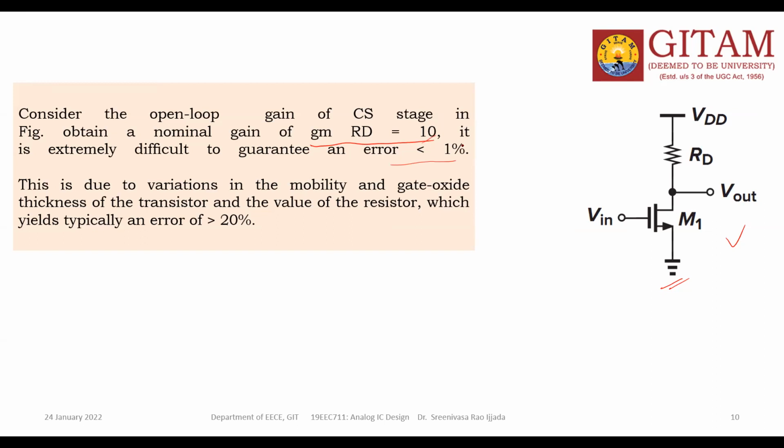This is because of variations in mobility, gate oxide thickness, and transistor and resistor values. All this together, you will get at least 20% error. You never get less than 1% gain error, because if you include all the variations, you get greater than 20% error.